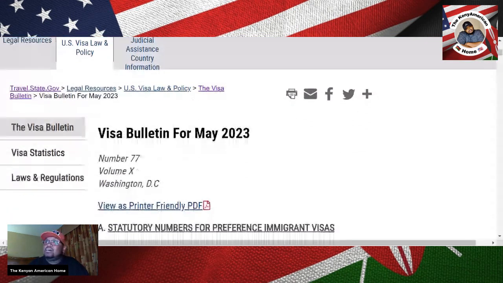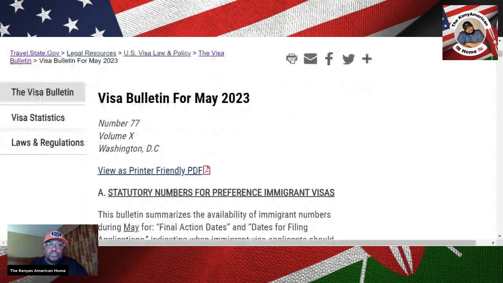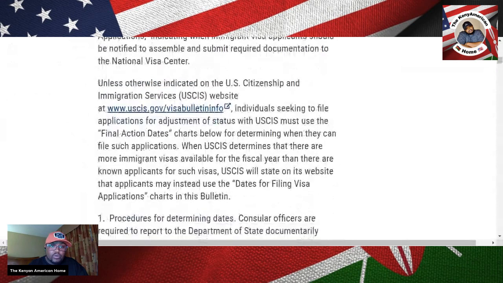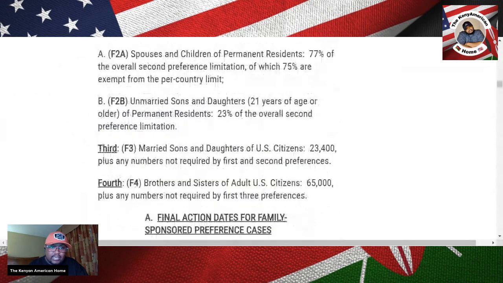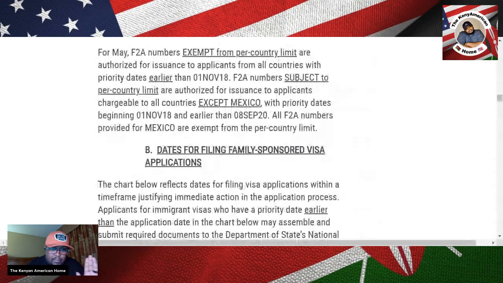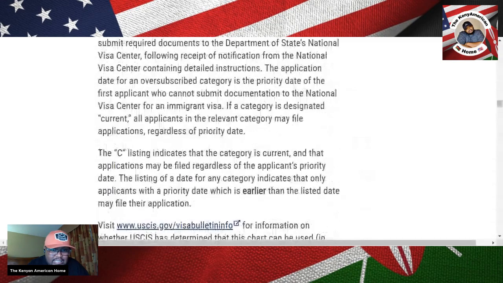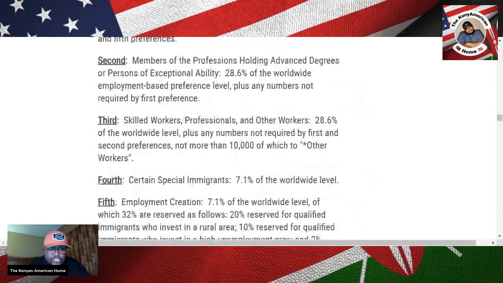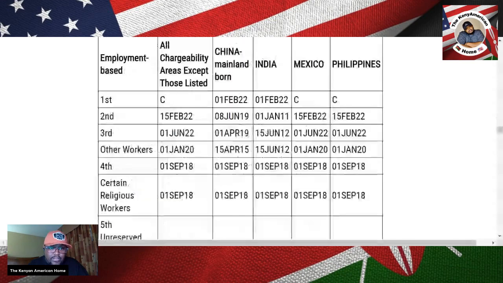So this is the May 2023 visa bulletin, and it has a lot of information. I don't want to take you through all of it. It talks about the family sponsored visa applications and how they're being processed in each region. There's a lot of that info.